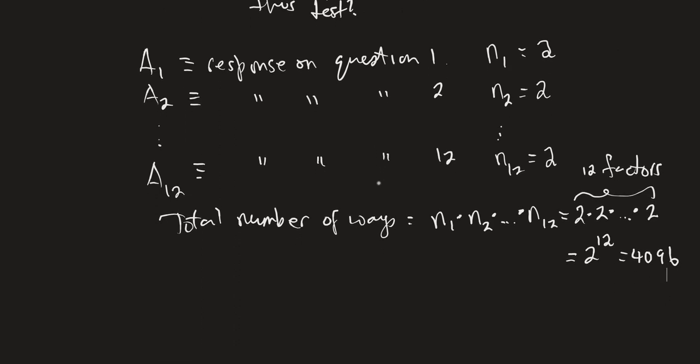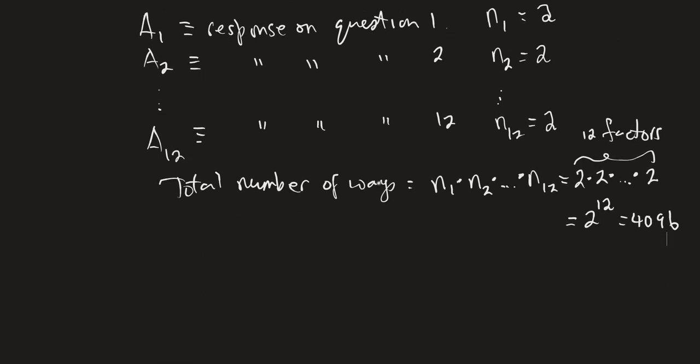Now, there are a couple other principles that are very, very useful as far as counting. And first, what I'm going to do is define what we call a permutation, and then give you a formula for computing the number of permutations in a given scenario.